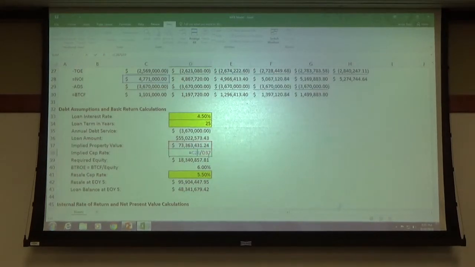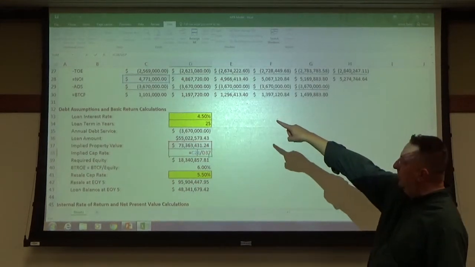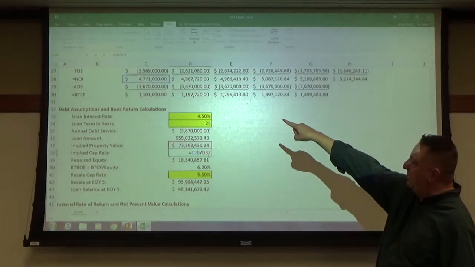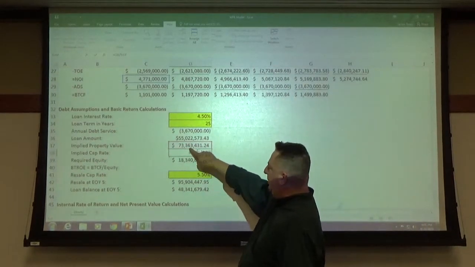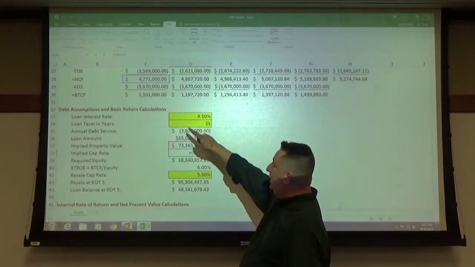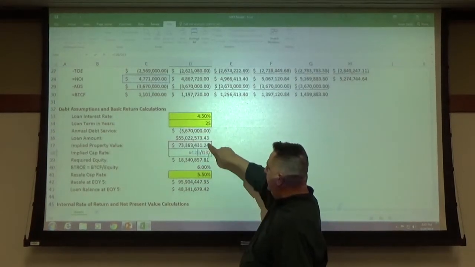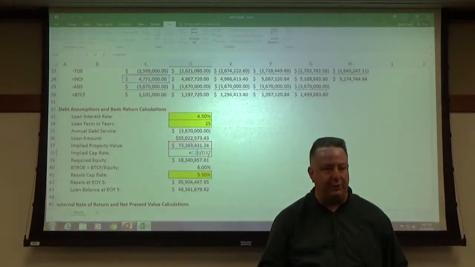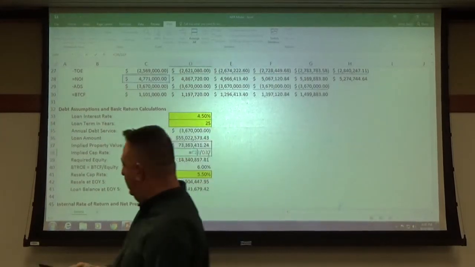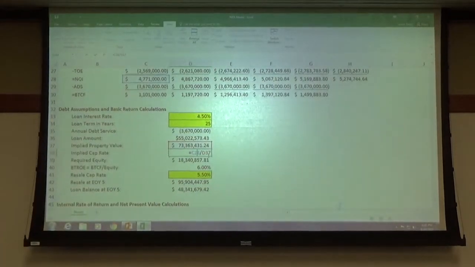Does that make sense? So in this case, the income is the 4,771,000. The value of the property is the 73 million. So that divided by the 73 million, do the calculation. Okay, do it on your calculator.